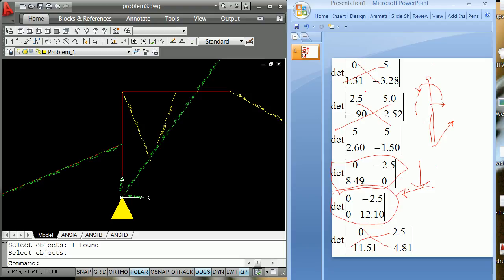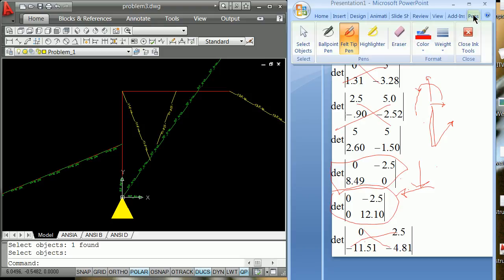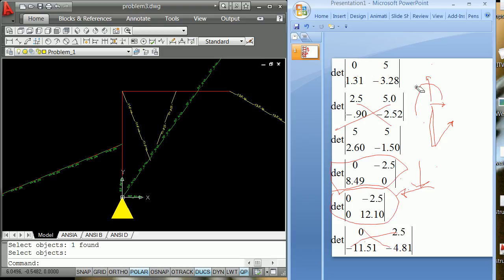I can go ahead and start including some more of these now. Let's say I want to go up the structure to right there, just on the right side of that.